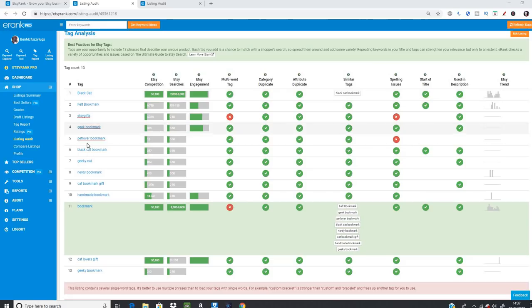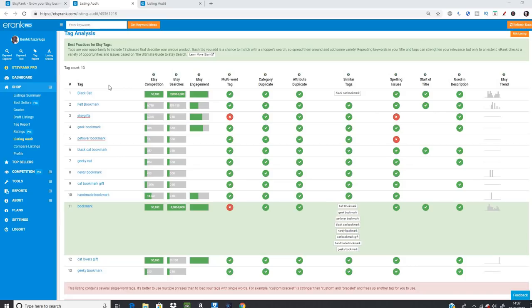And also it's nested in Black Cat Bookmark. It's also possibly a tag, but it's something that we can rank for. There doesn't seem much search terms, but we could just leave the tag Black Cat Bookmark and have Black Cat and Cat Bookmark already covered by that long tail tag.